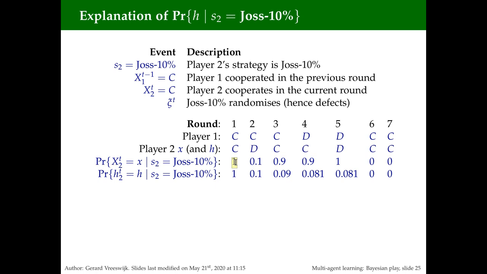Well, the probability that the second player chooses to cooperate in the first round is 1, because at the outset nearly all strategies cooperate in the first round, and Joss 10% is no exception.